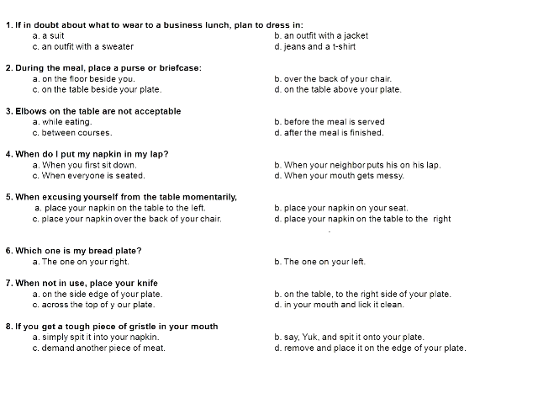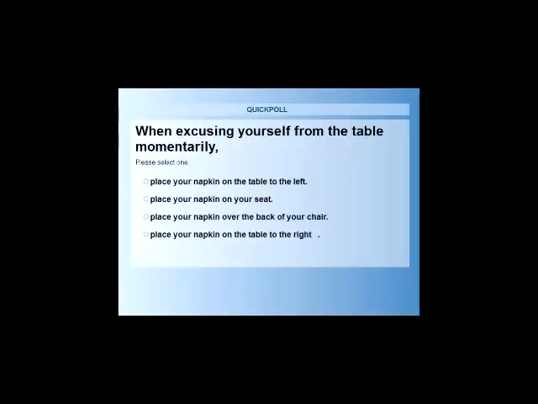And the next question is, when excusing yourself from the table momentarily, A, you place your napkin on the table to the left, or B, you place your napkin on your seat. C, place your napkin over the back of your chair, or D, place your napkin on the table to the right. So you can vote.